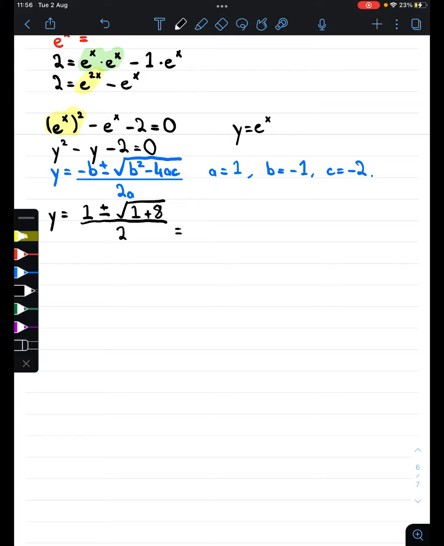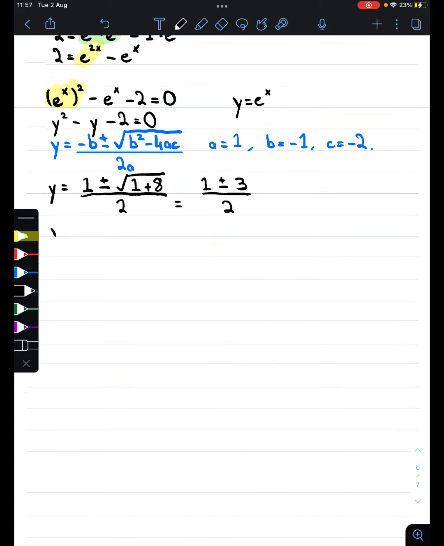And the square root of 1 plus 8 is just the square root of 9, which is just 3. So 1 plus minus 3 all over 2. Okay, so y either equals 1 plus 3 over 2, which is just 2, or 1 minus 3 over 2, which is just minus 1.